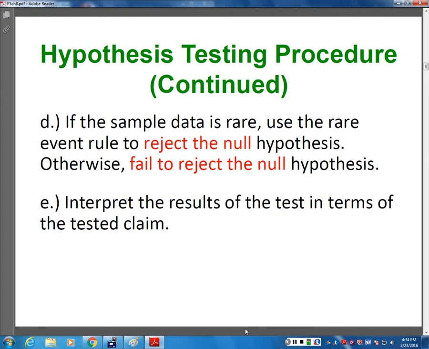If the sample data is rare, we'll use the rare event rule and reject the null hypothesis, the one we've assumed to be true. Otherwise, we fail to reject the null. We can't rule it out. We'll get into more of what exactly constitutes rare and how we can determine that. Then we'll interpret the results of the test in terms of the original context and claim. So those are the 5 steps of this hypothesis test.